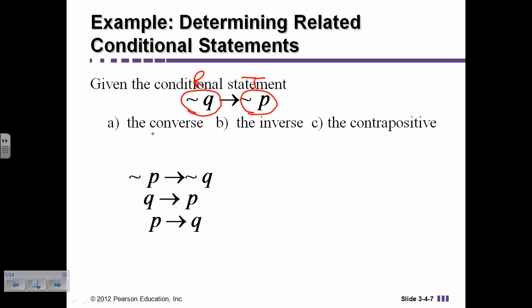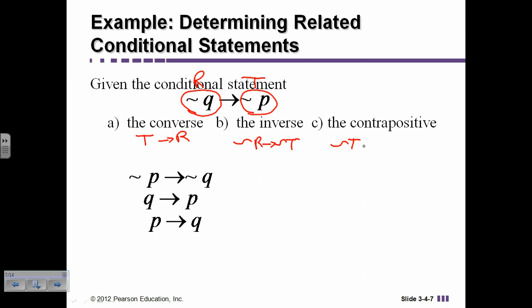So when we do the converse, we switch them. So T would go first and R would go second. When we do the inverse, we negate them. So we would have not R and we would have not T. And the contrapositive, we switch them and we negate them.